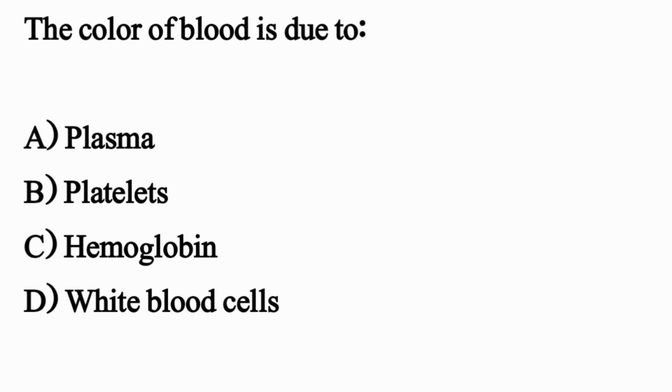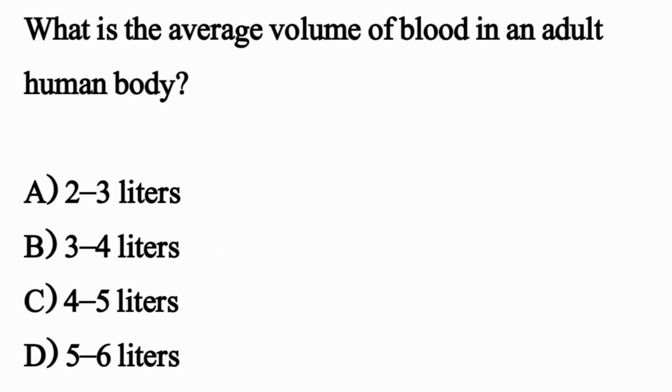The color of blood is due to. The right option is option C, hemoglobin. What is the average volume of blood in an adult human body?